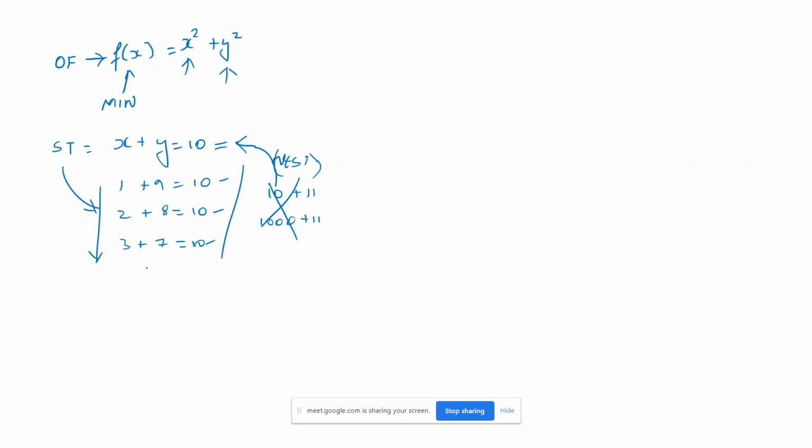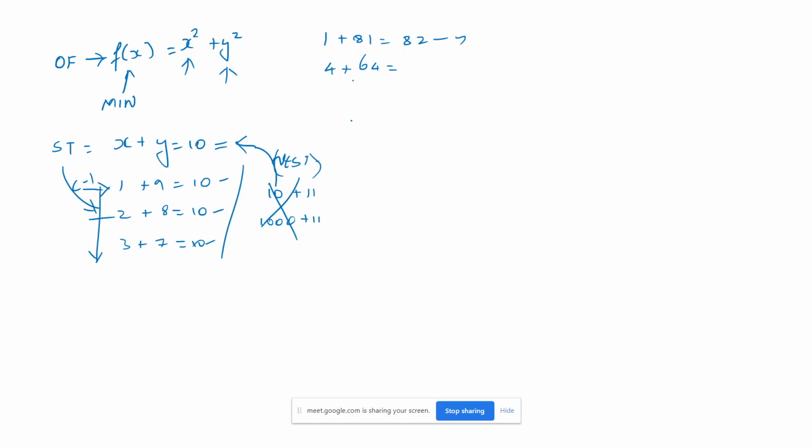Among these values, which is the minimum? For example, if I take case 1, I get 1 plus 81 is equal to 82, whether this is the minimum or not. Otherwise, if it is this case, then 4 plus 64, whether this is the minimum.